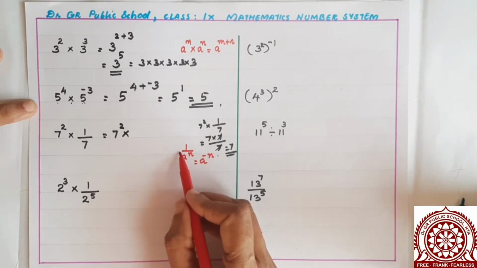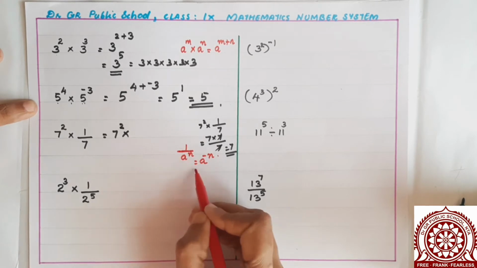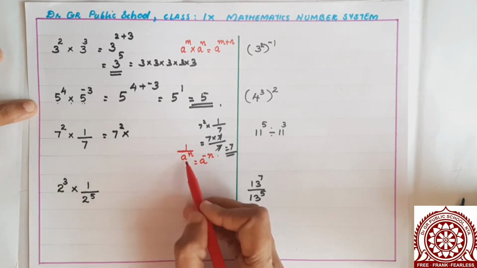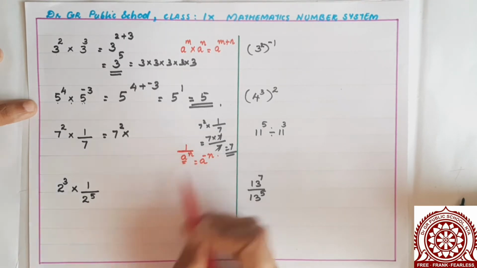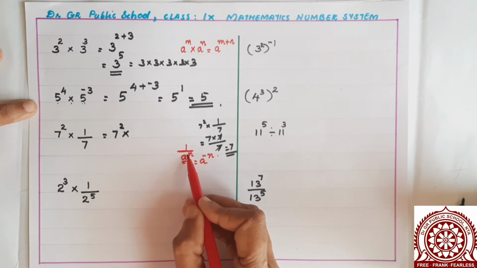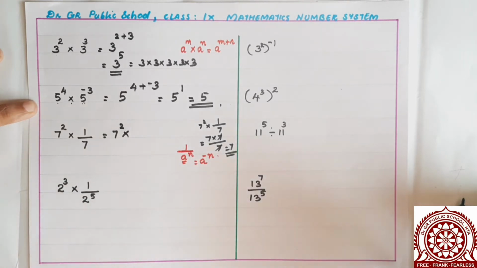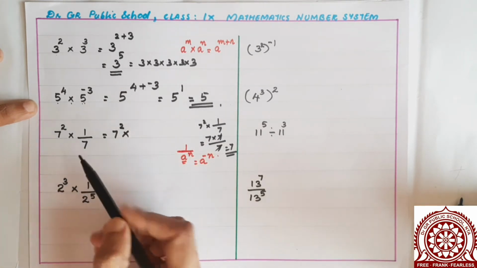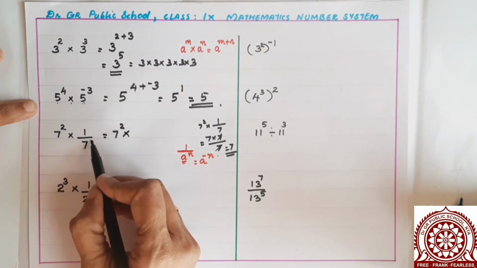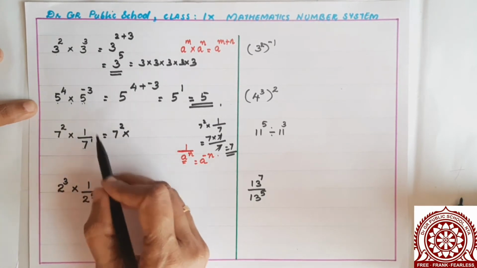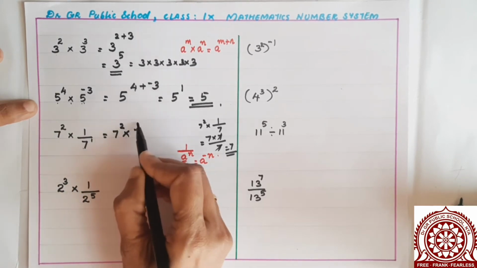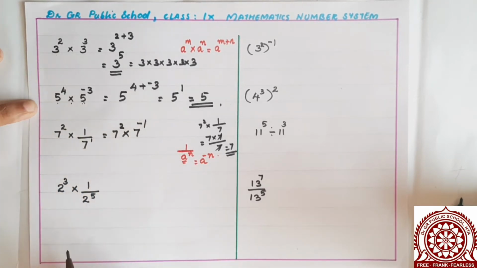When we take this denominator as numerator, the sign of the power will change. Positive power will become negative power. So here what is the power? 7 power is 1, isn't it? So when we take this to numerator, it will become 7 raised to minus 1.